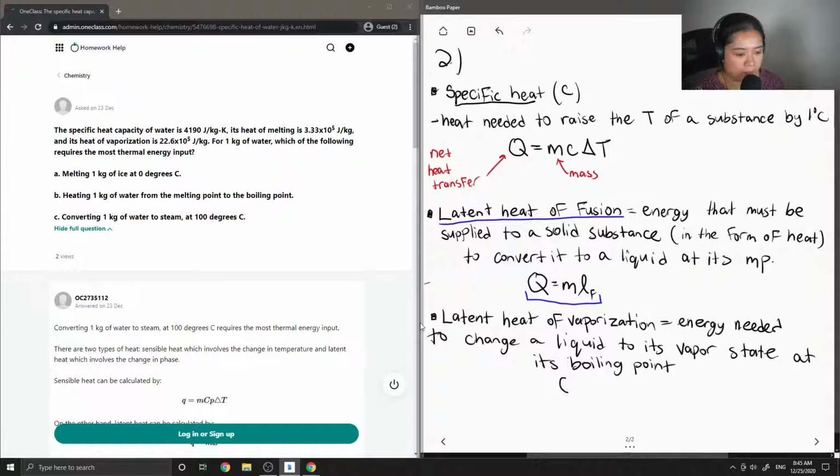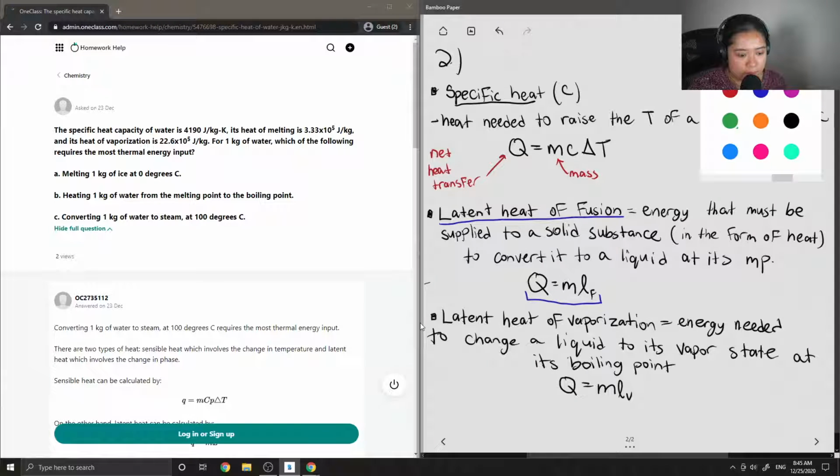So the equation to solve for Q is m times the latent heat of vaporization.